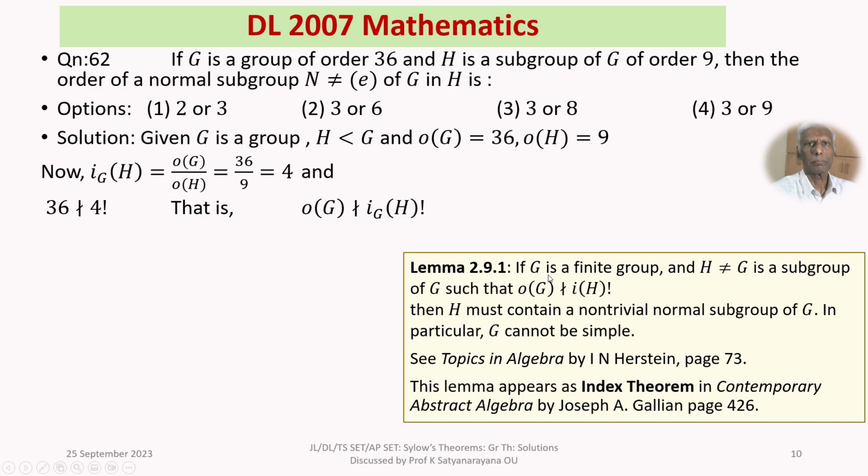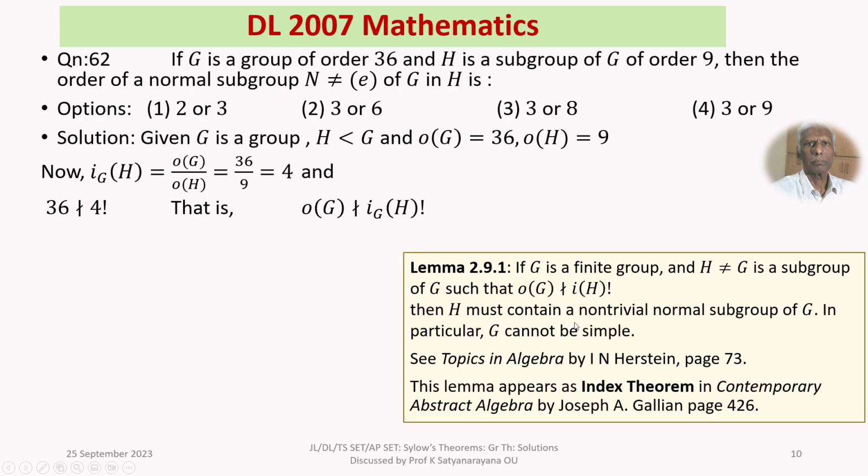So what is it that you have? G is a finite group. Yes, G is a finite group. And H is a proper subgroup of G. Yes, order of H is 9, order of G is 36. Therefore, H is a proper subgroup of G. And the order of G does not divide the index of H in G factorial. Correct. Then what does it say?